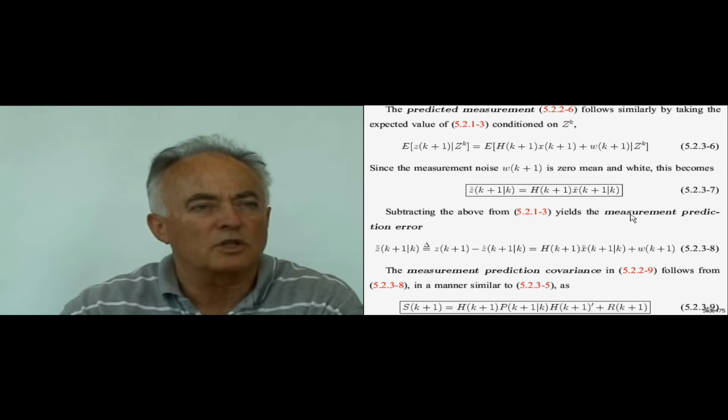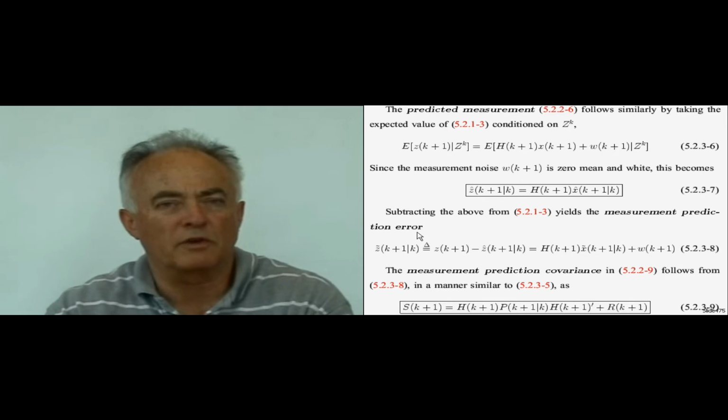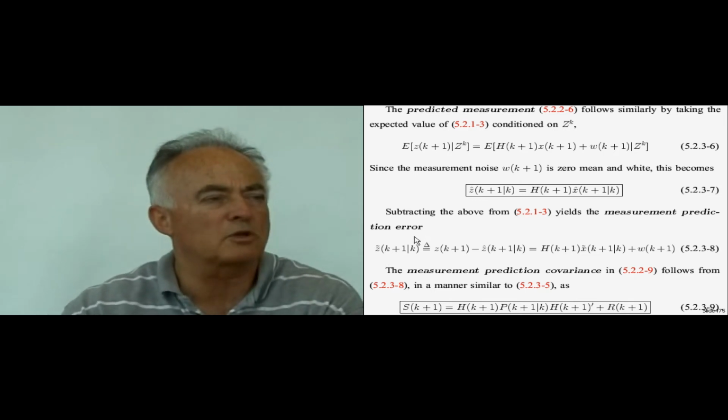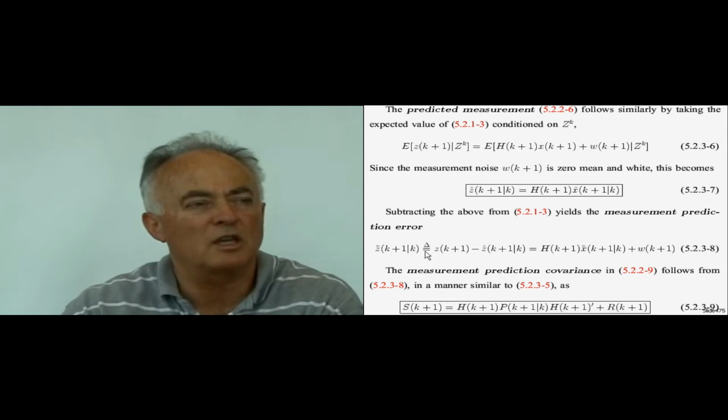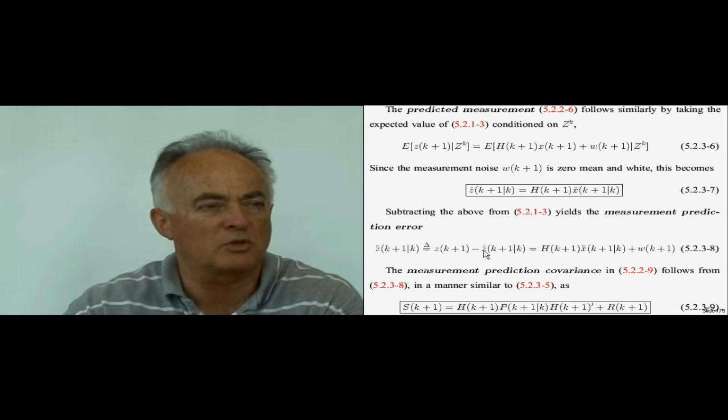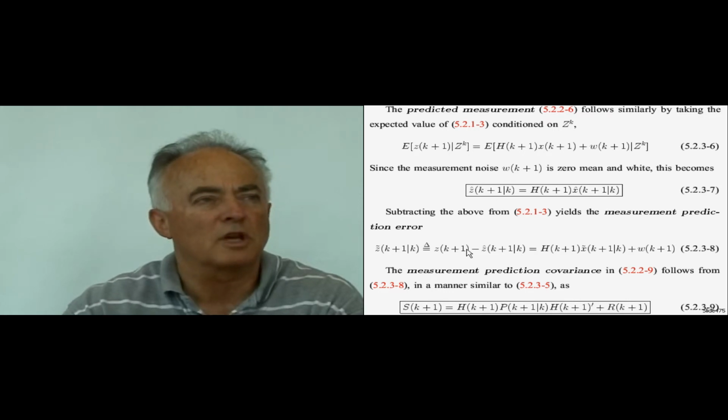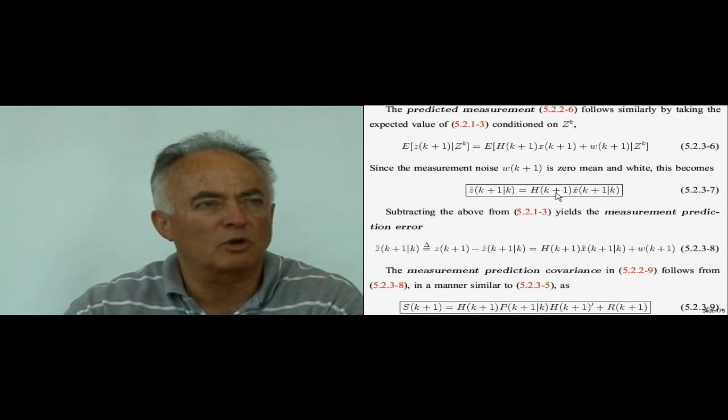Next, we are interested in the measurement prediction error. Before we calculate the covariance, we need the prediction error for the measurement. z tilde k plus 1 given k is z at k plus 1 minus z hat k plus 1 given k. So we have the actual measurement equation minus the predicted measurement equation.